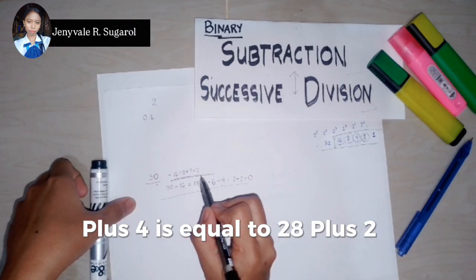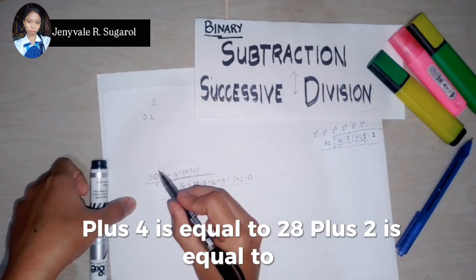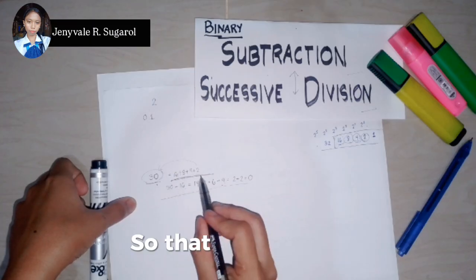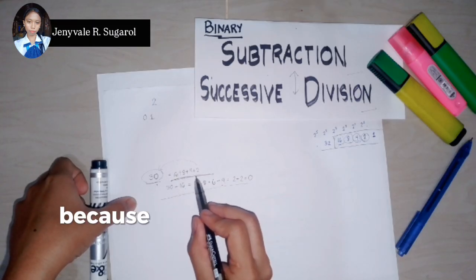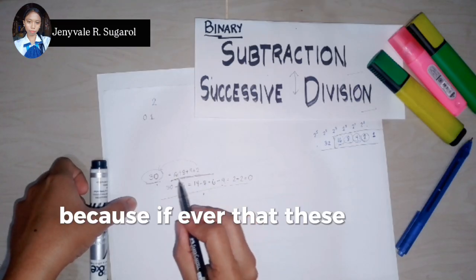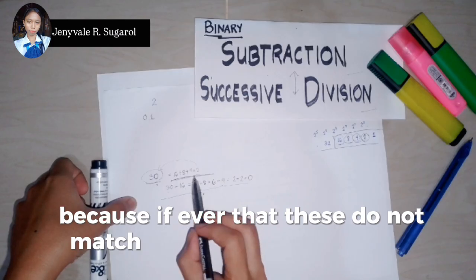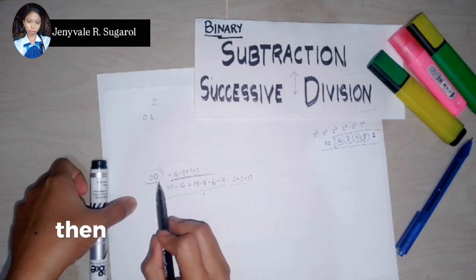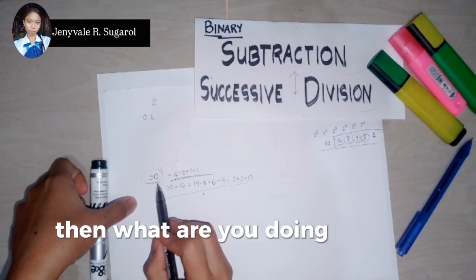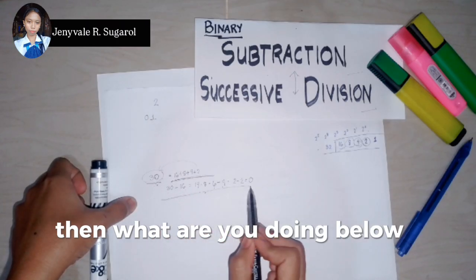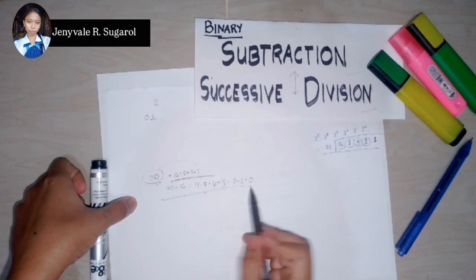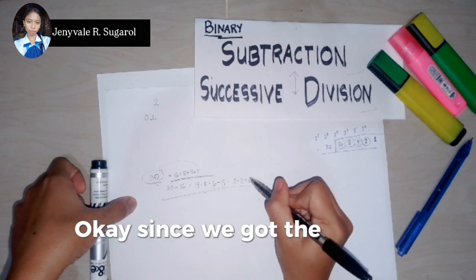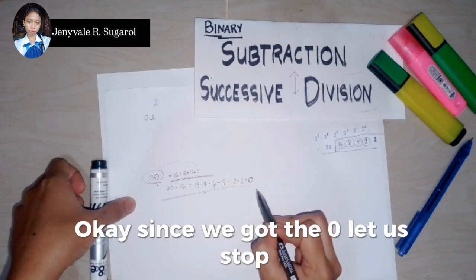Plus 2 is equal to 30. So that is the reason, because if these do not match the number that is given, then what you are doing below is wrong. Okay, since we got the 0, let us stop.